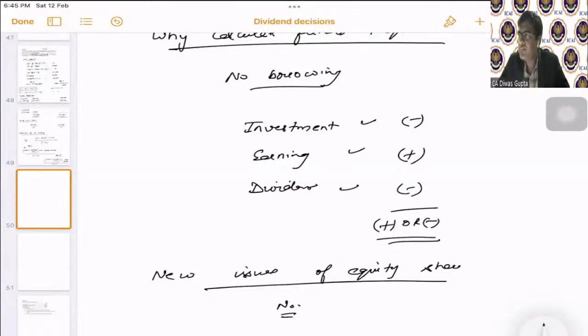Study material 8A, risk analysis in capital budgeting. So in this, Soumya, okay, we'll come to that. I'll park your query as of now, and we'll come to that.